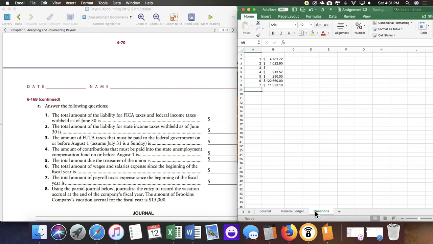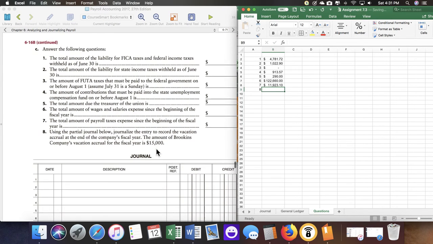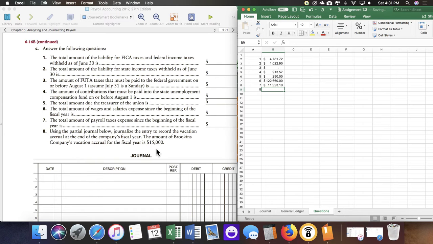And question 8. So this is something we haven't really touched on much this quarter. Actually, no, we did touch on it in chapter 6. It's on the first assignment for the week, and that is, I believe, 614. So it's problem 6-14 that is how you're going to set the information up.